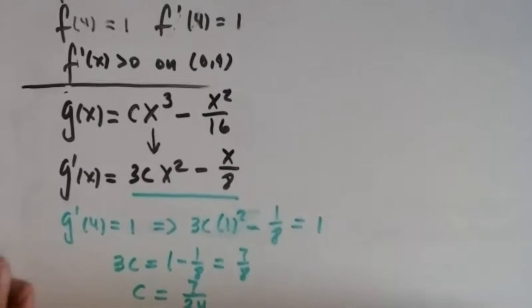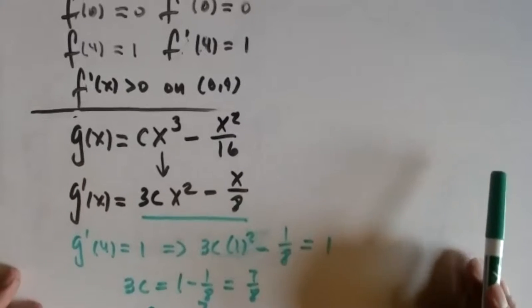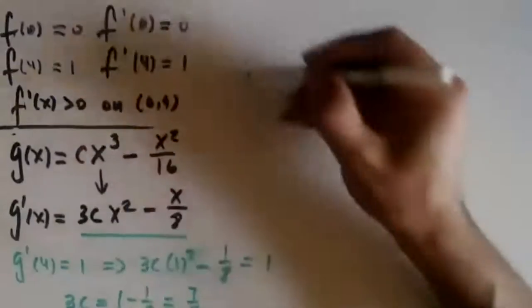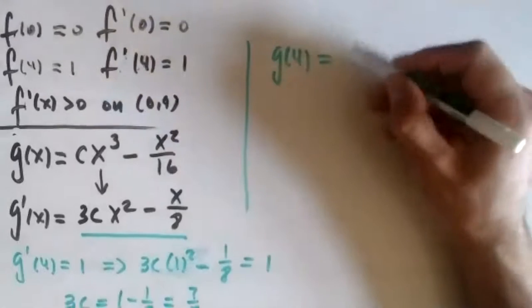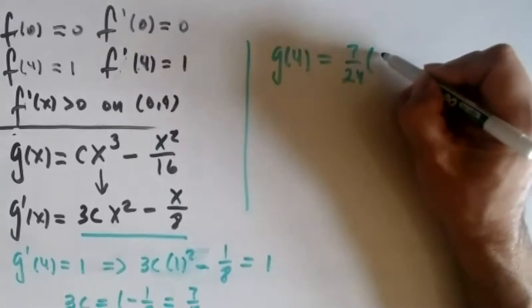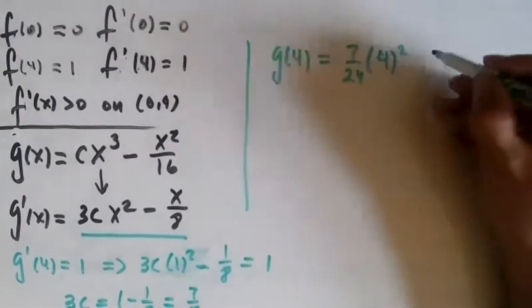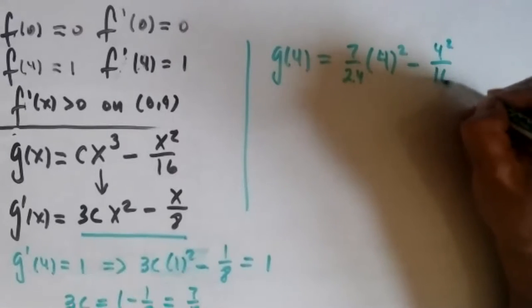I have a question. Do you think it's going to be g of 4 equals 1 also? Let me just try to check, because sometimes it is. g of 4 is 7 over 24 times 4 cubed, minus 4 squared over 16.